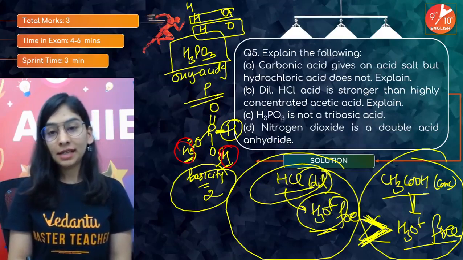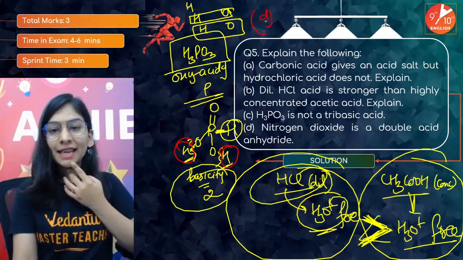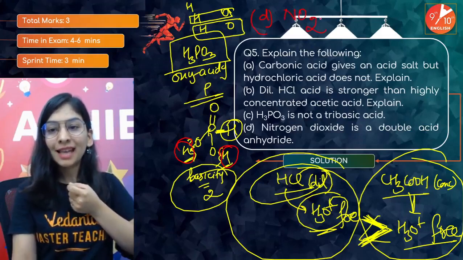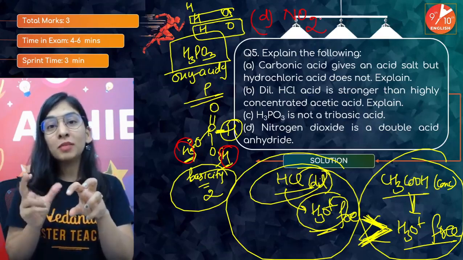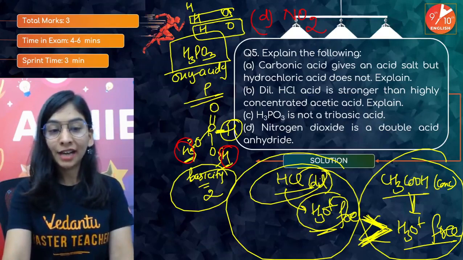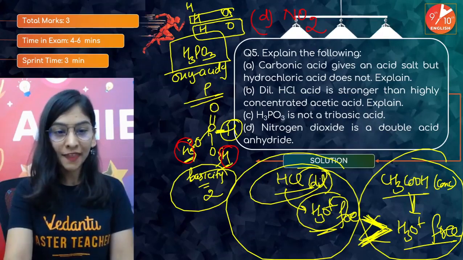Now, D part. Nitrogen dioxide is a double acid anhydride. Okay, that's a good question. The D part is saying nitrogen dioxide, which is NO2, is a double acid anhydride. This is an anhydride with the help of which 2 acids can be formed. So if I put water and do hydration of the same, that means I can get 2 acids. Let me try to write this.